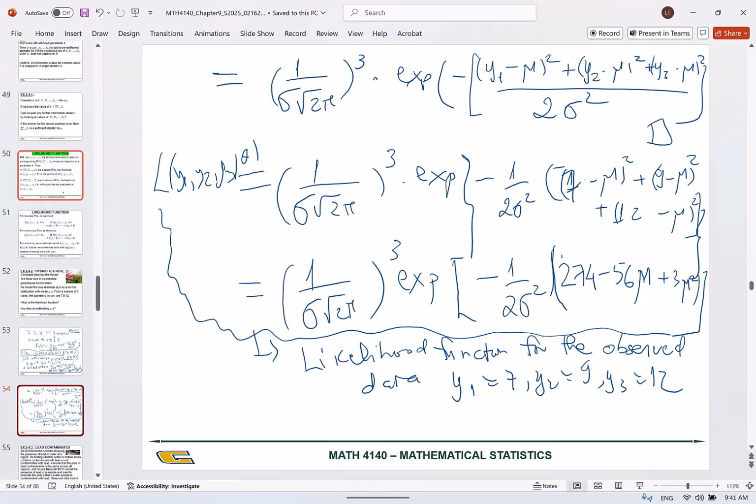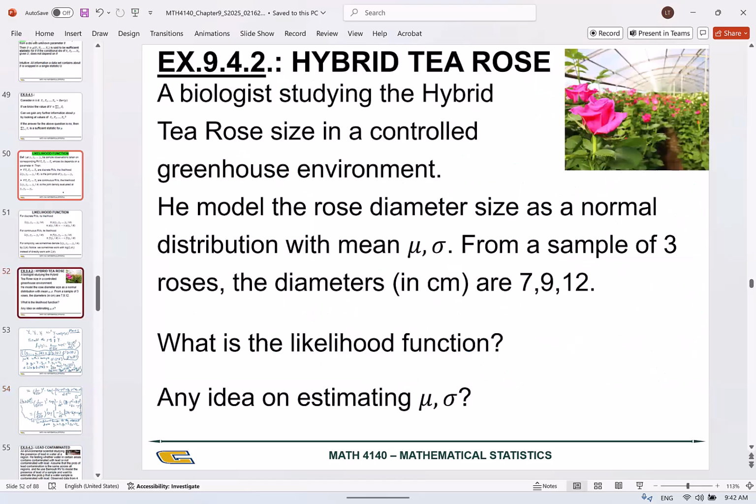We call that the maximum likelihood estimator. It will be in a couple of next classes. Here the idea is just to estimate mu and sigma.